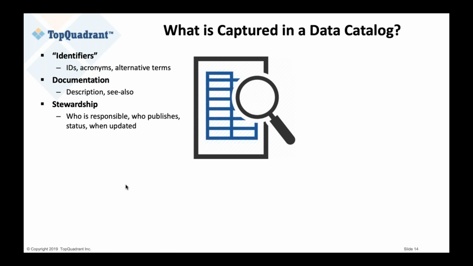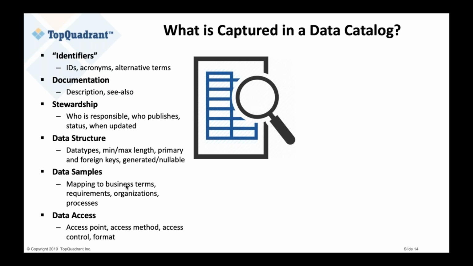So the descriptions would be something that would be created and entered post-crawling, post-cataloging process. And stewardship associated information then also becomes available. So who is responsible for this data source?